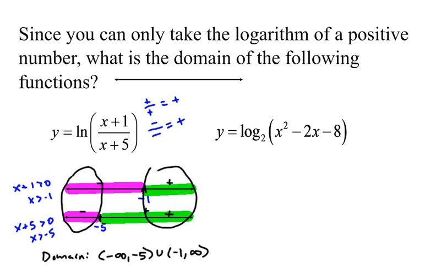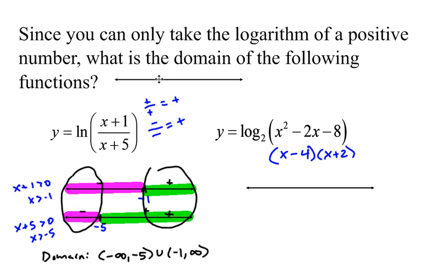All right, so our next one is very similar, only we need to factor first. So we've got y equals log base 2 of x squared minus 2x minus 8. And when we factor this, we get (x minus 4) times (x plus 2). And like before, we need to get two things positive.